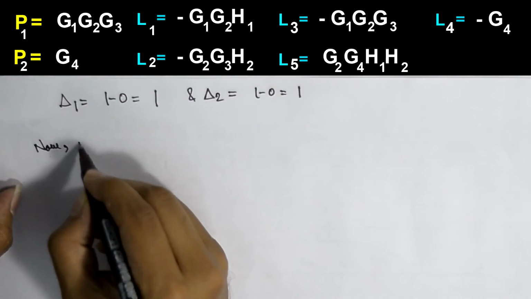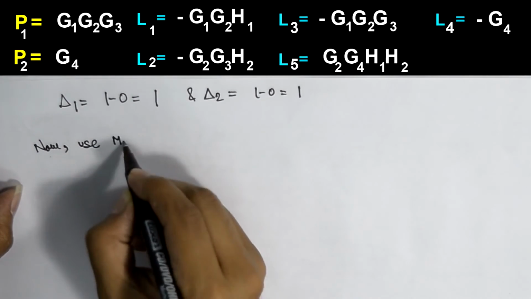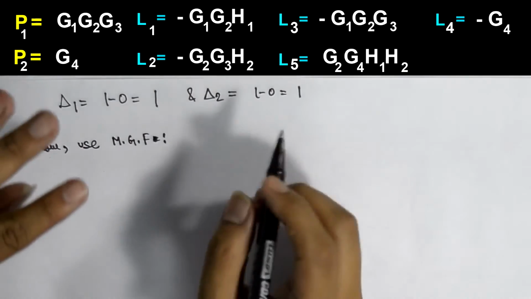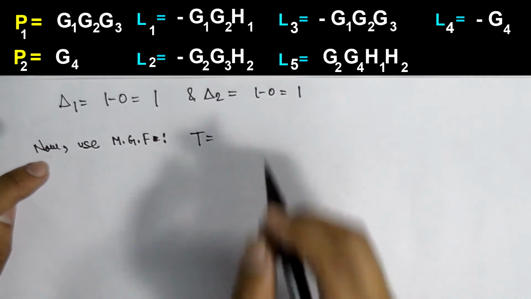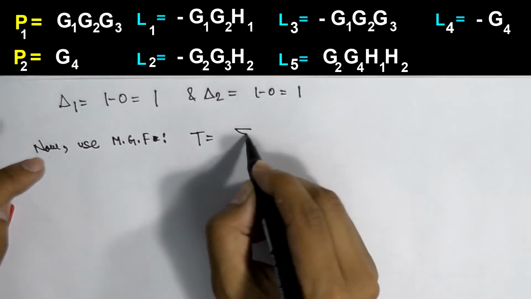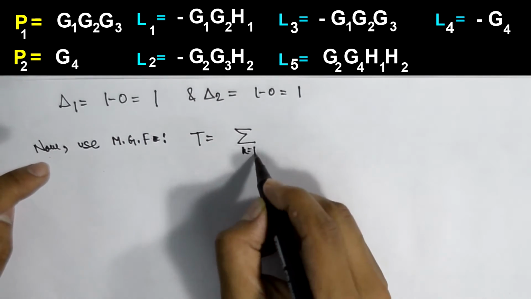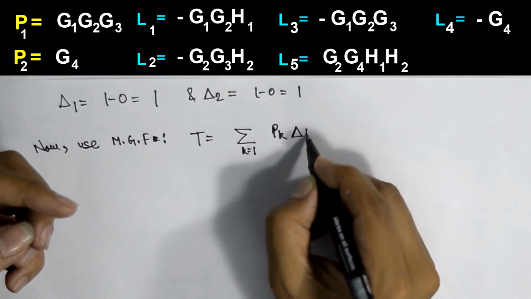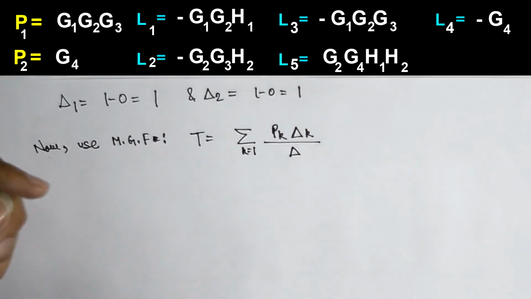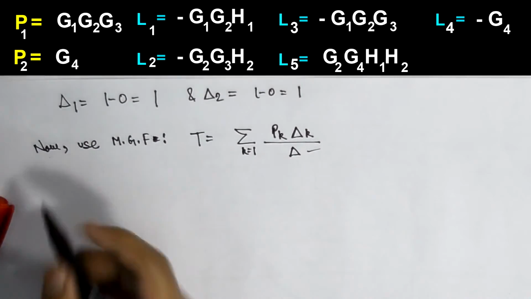Now using Mason's gain formula. The formula is T equals summation k equals 1 of Pk times delta k by delta. In order to find this delta, there is one formula.